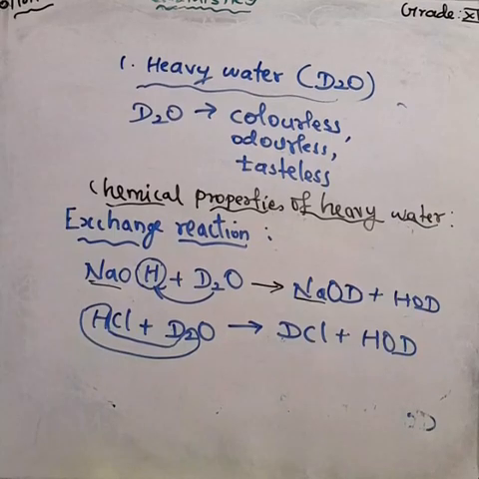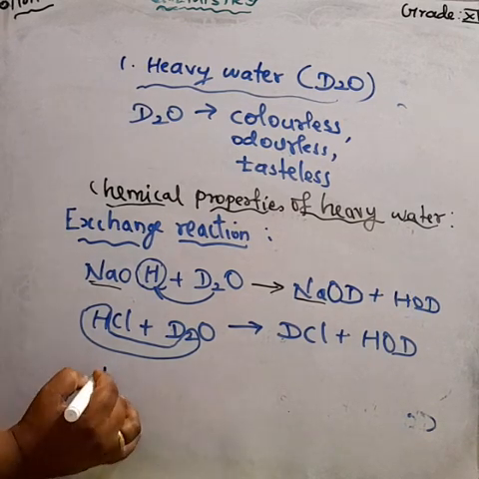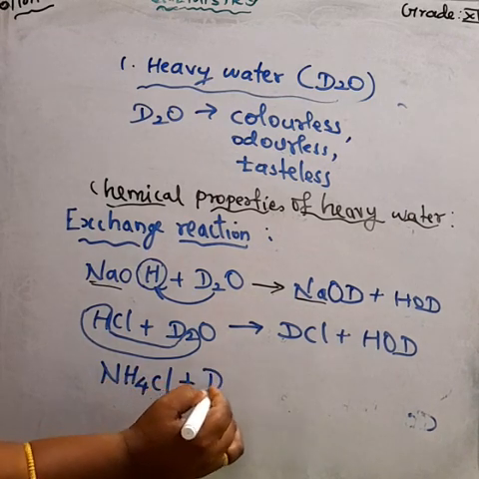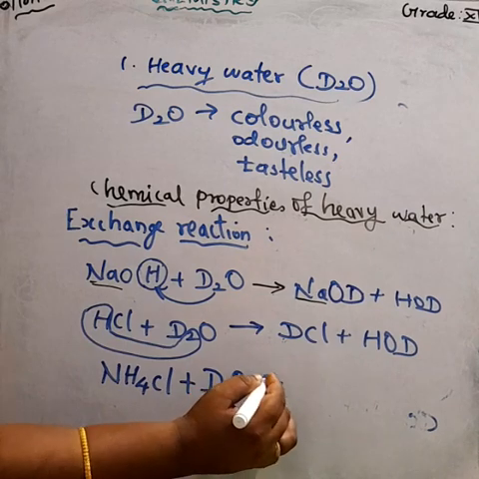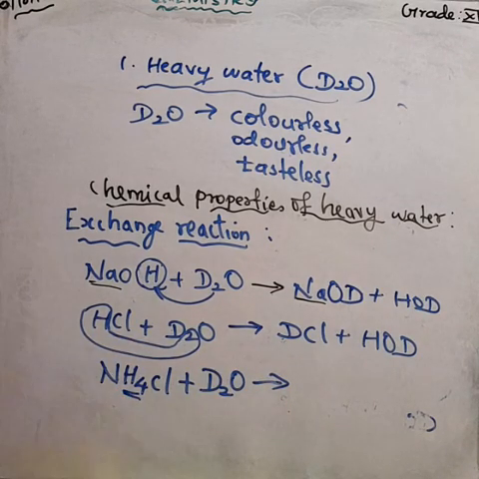Next, another example of a compound containing hydrogen: ammonium chloride. When ammonium chloride is treated with deuterium oxide, heavy water, the hydrogen present in it is exchanged.